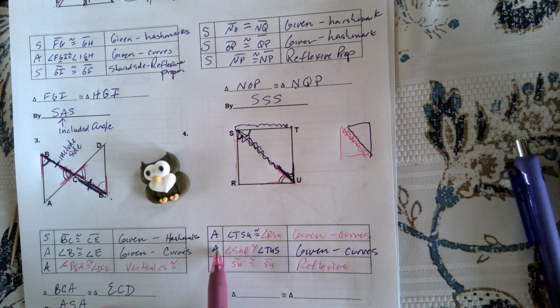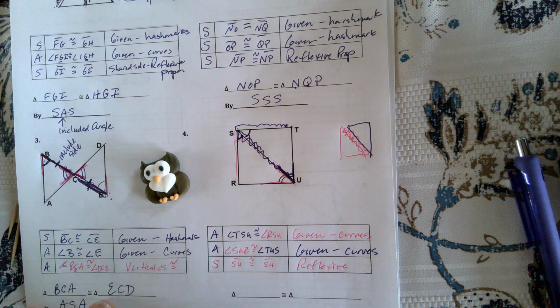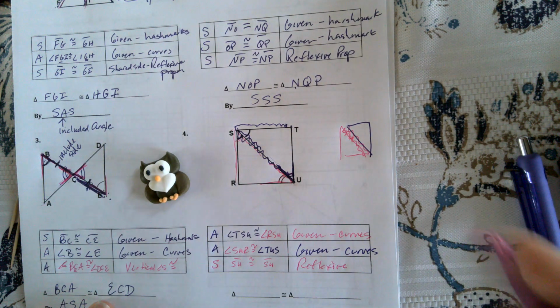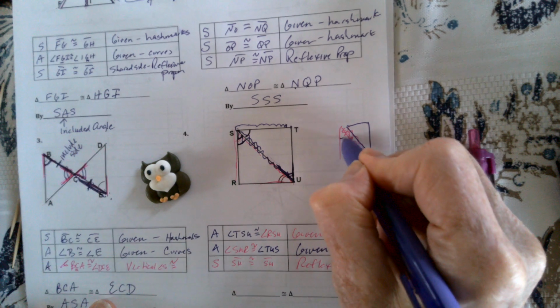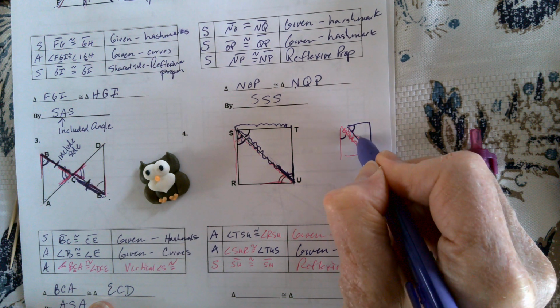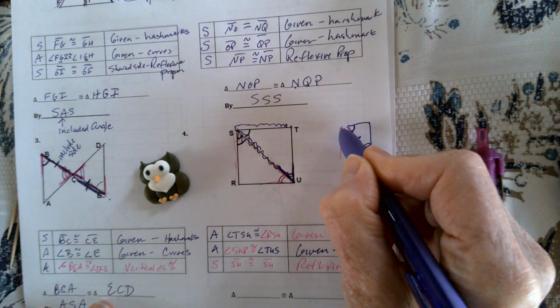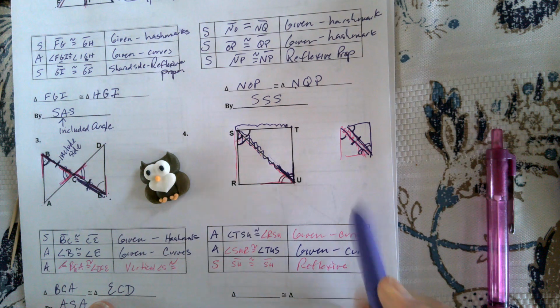Now do not write angle, angle, side without checking first. Is that what I have? It's not what I have. You've got this angle here congruent to this angle, and you've got this side. This is the included side. It is adjacent to both angles.